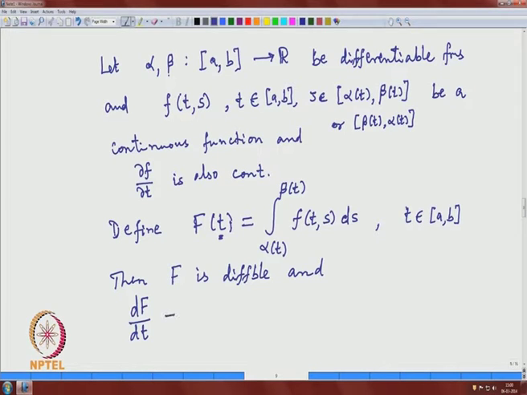It is not at all hard. So, the integral from alpha(t) to beta(t) of the partial derivative of f with respect to t, now I am assuming that it is continuous, so this integral makes sense.